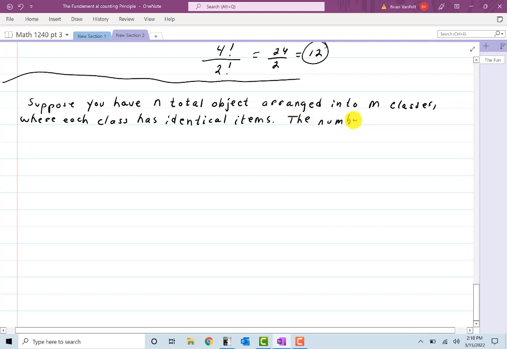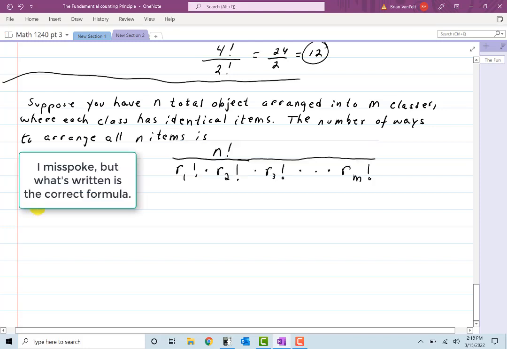The number of ways to arrange all n items is n factorial all over r sub 1 times r sub 2 dot dot dot times r sub m.